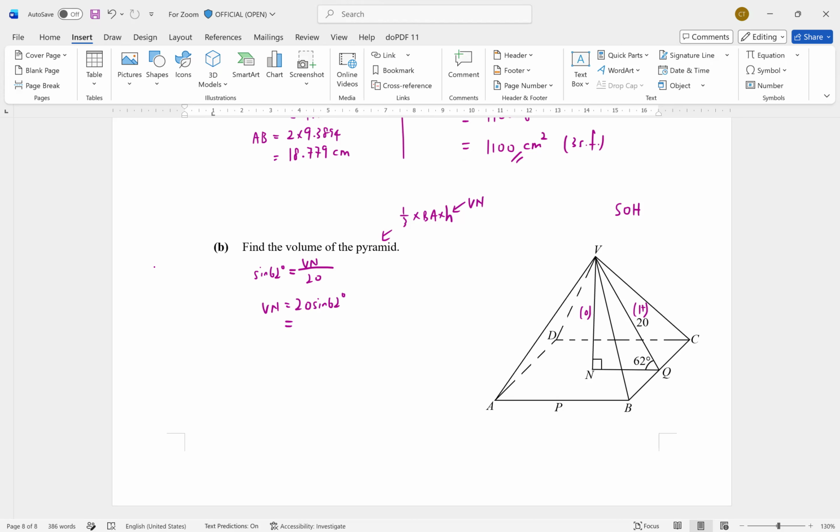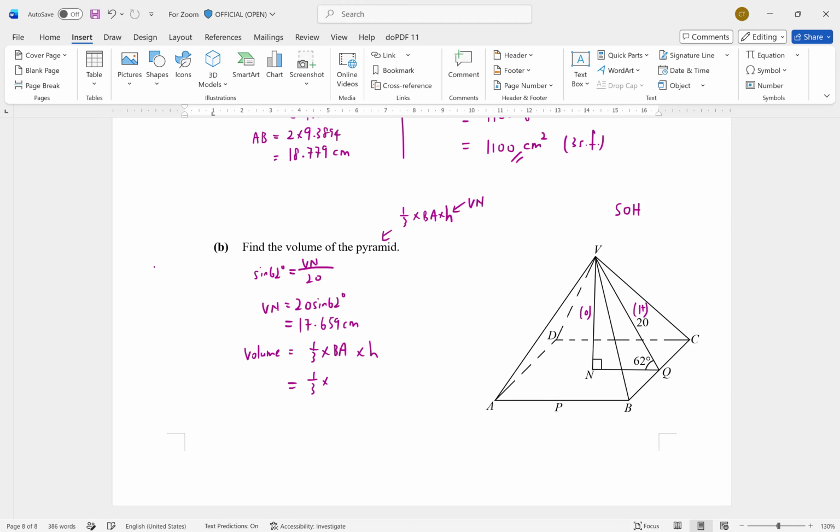We'll get 17.659 cm. So that's VN. Now we can find the volume: 1/3 times base area times height. You need to remember this formula.